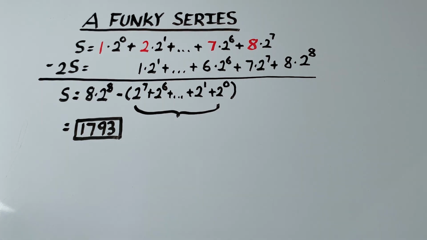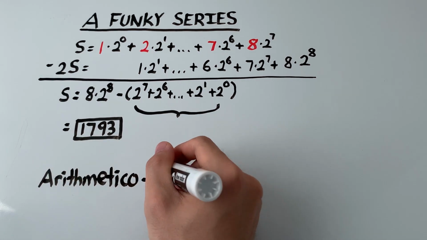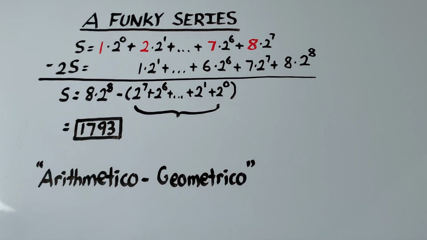This kind of series is called Arithmetico-Geometrico, because it's the result of taking an arithmetic series and a geometric series and combining the two. So this is just another example of using the same technique to solve a new kind of problem.